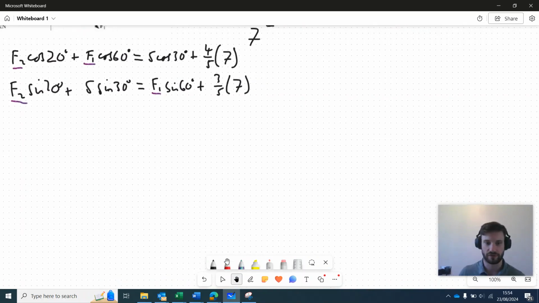The reason why this can get quite fiddly, at least notationally, is because we've got a number of trigonometric terms here. We've got this cos 20, this cos 60, this cos 30, this sine 60, this sine 30, this sine 20 here.